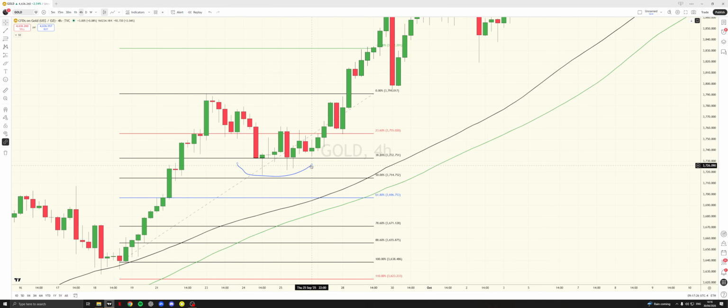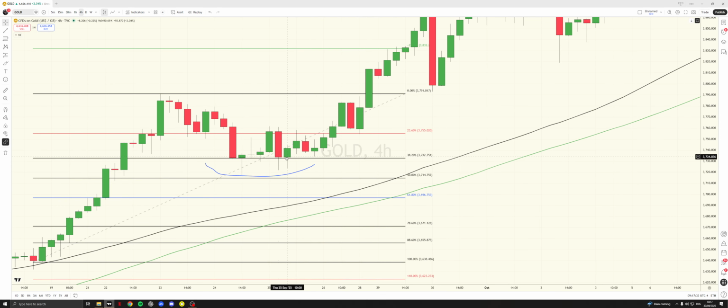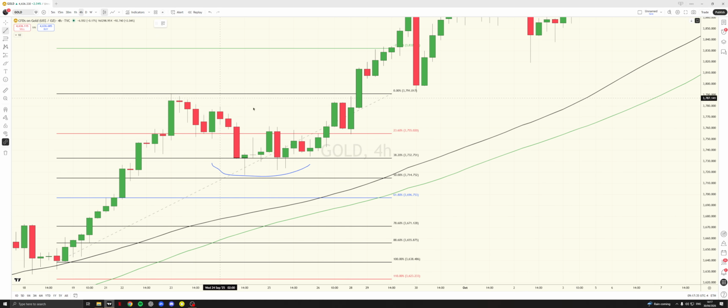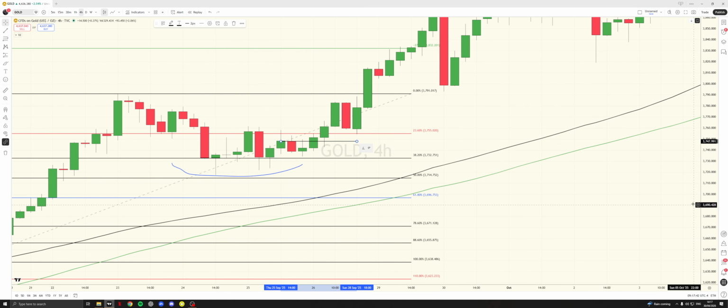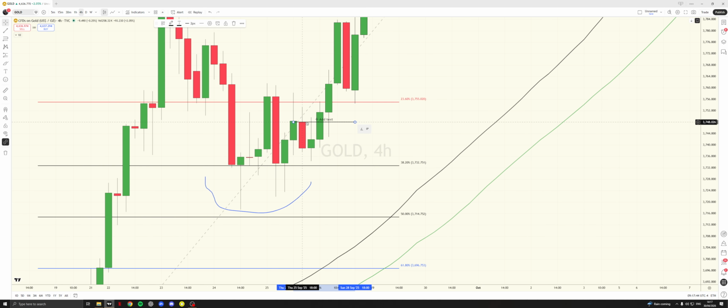So what we're waiting for now is confirmation, which could be some of these bullish candles right here. You can mark off the opening of a bearish candle like this right here. Let's put it black. So this bearish candle right here.